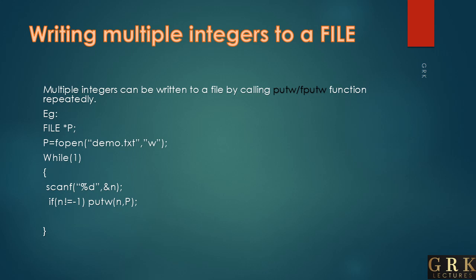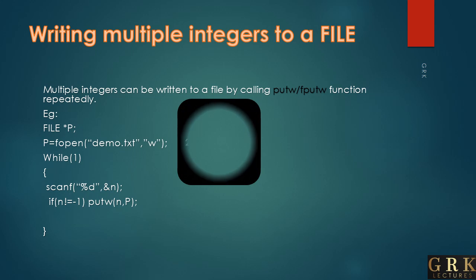So that's why here I am using -1. If we enter -1, that will be considered as the end of the file, meaning the end of our input. That's why I am using that condition. If the n value we are entering is not equal to -1, then that value should be written to the file.